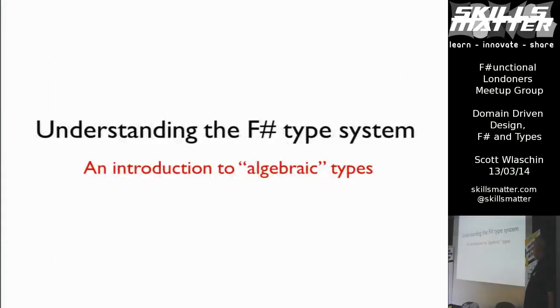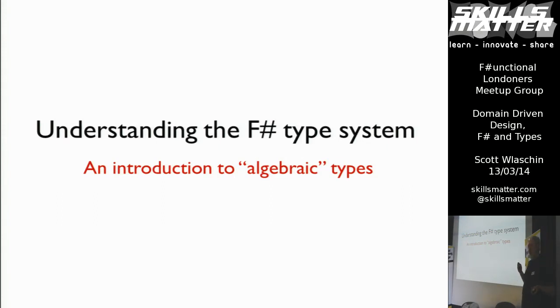So, moving on to the F# type system. The F# type system is algebraic types, and for people who are not familiar with them, it's completely different from the kinds of types you're used to if you're used to C# or Java or Python or mainstream languages. F#, Haskell, and OCaml all use algebraic type systems.